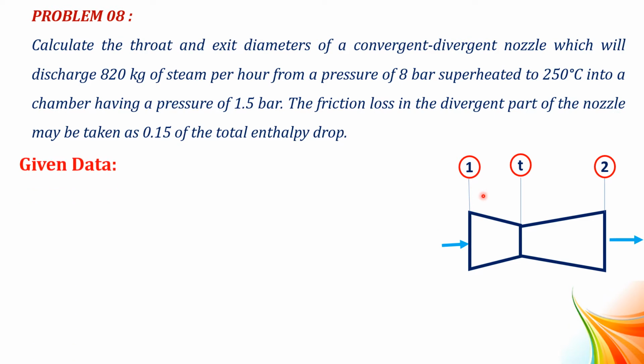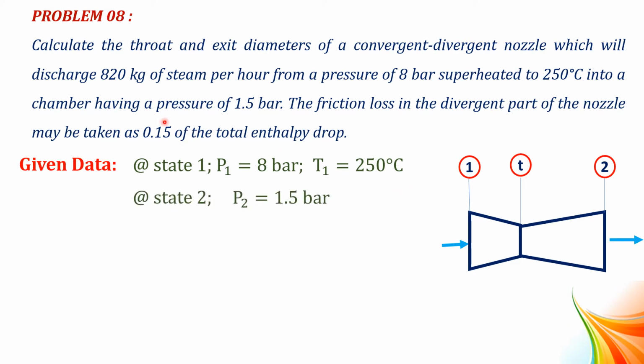Now we are going to write the given data. So at the inlet of the nozzle the pressure is 8 bar and superheated to 250 degrees centigrade. So the pressure at the inlet section P1 equal to 8 bar and temperature T1 equal to 250 degrees centigrade. And at the exit the pressure is 1.5 bar. So P2 equal to 1.5 bar.